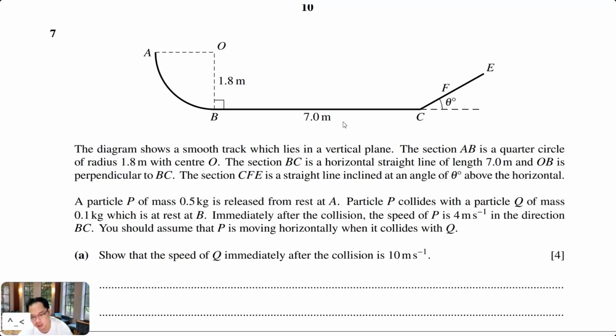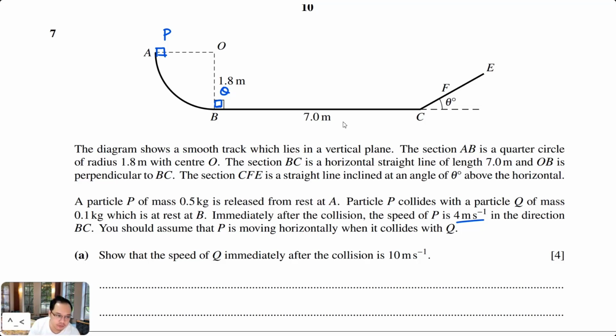The section CFE is a straight line inclined at an angle theta above the horizontal. A particle P of mass 0.5 kilograms is released from rest at A. Here, this is the point B. Then this particle P collides with a particle Q of mass 0.1 kilograms, which is at rest at B. They can slide smoothly because there is no information about friction on the track ABC, so I assume that the friction is negligible.